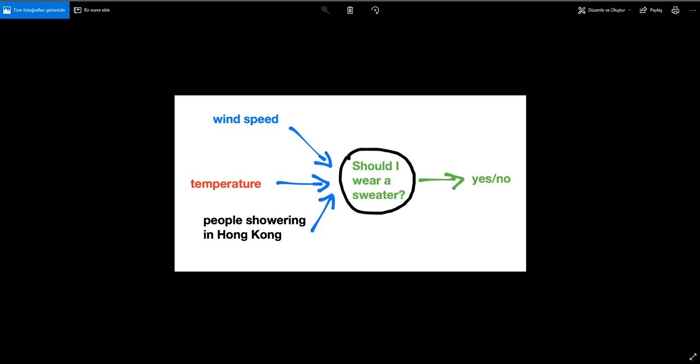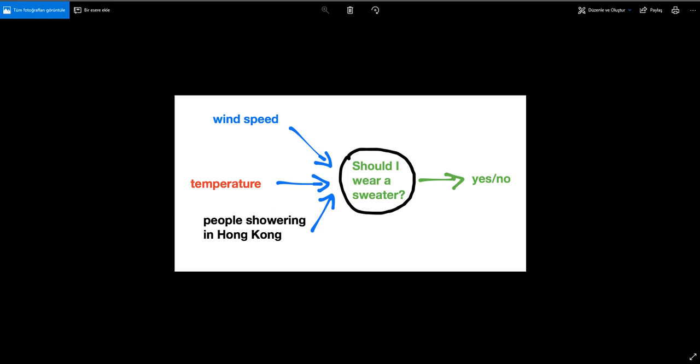But I decided to use their images to teach you and make some useful lessons. The wind speed and people showering in Hong Kong are inputs to decide whether you will wear a sweater or not. But the red one, the temperature, is more important than the others.